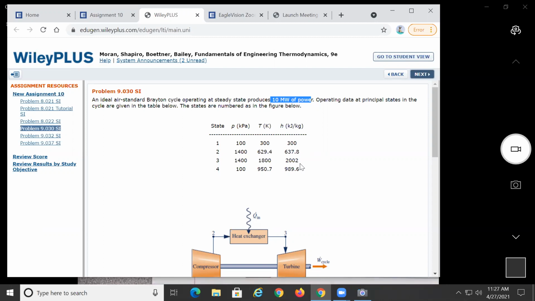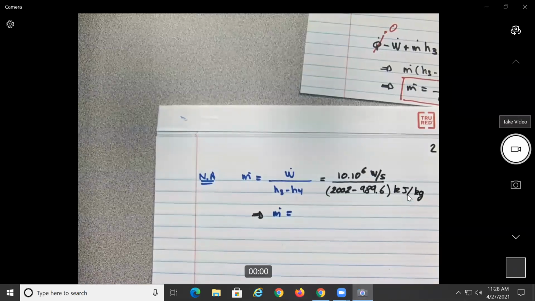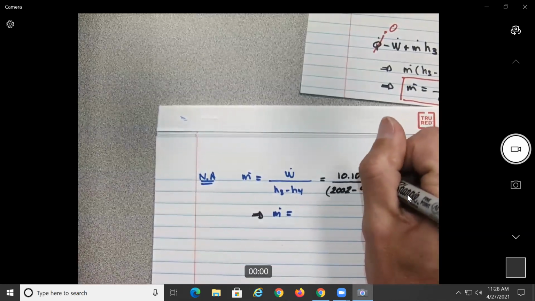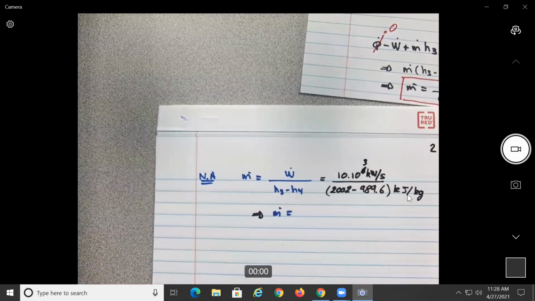And oh, be careful here with the units, because what are the units for this? Okay, kilojoules per kilogram. So maybe we need to be careful here. Kilojoules per kilogram. So maybe what would be more convenient to do? Keep kilowatts and put here 10 to the 3, no?